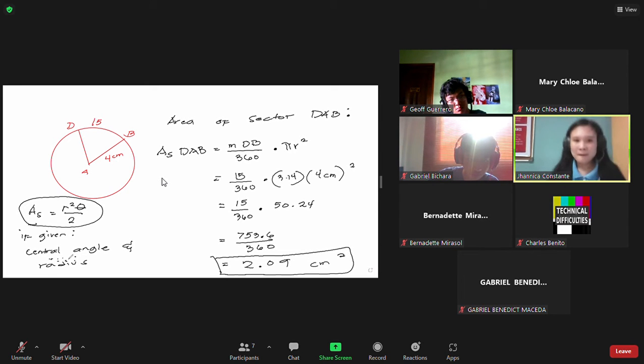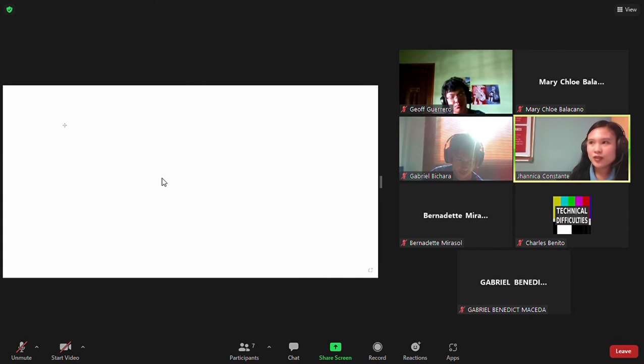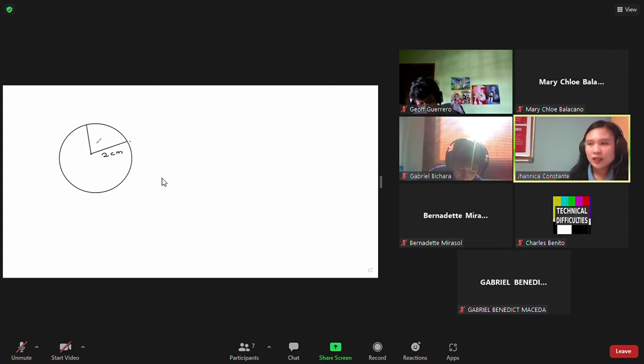For example, we have this circle. The measurement of the radius of this circle is 2 centimeters, and the central angle is 30 degrees.